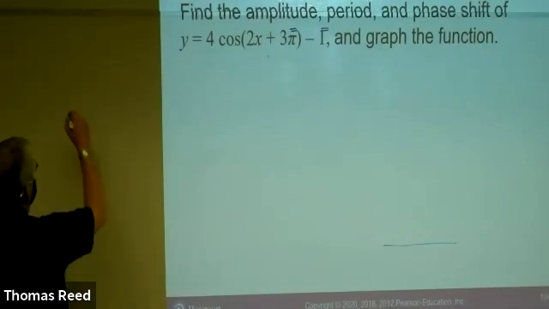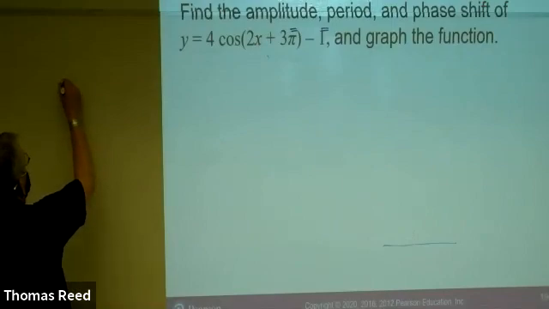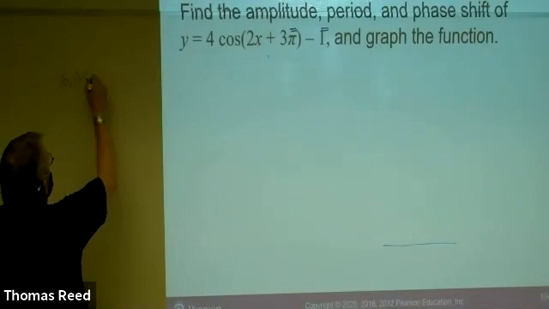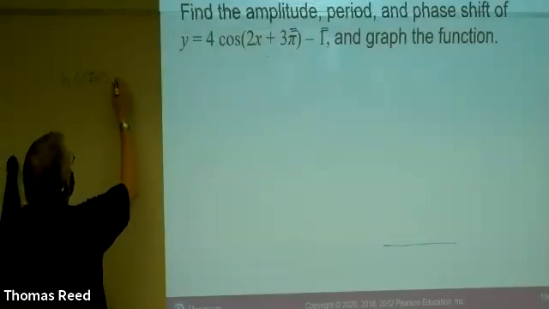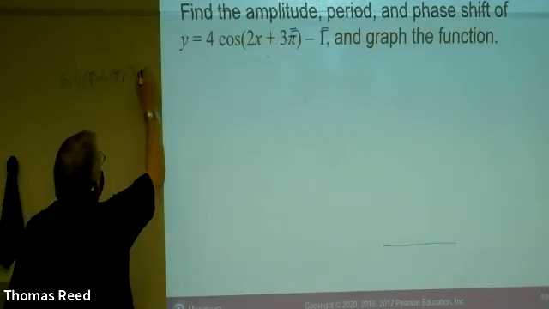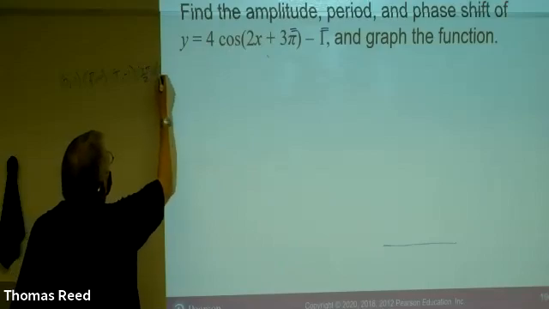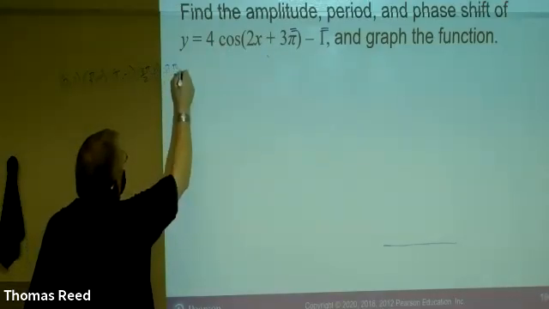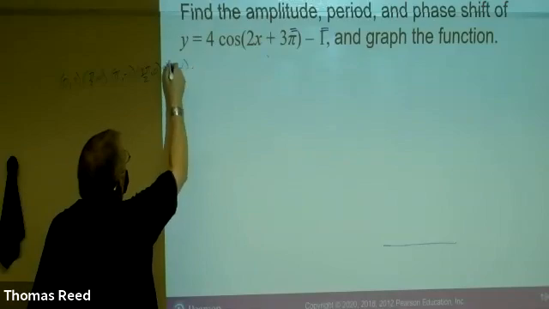So cosine, it's 0, 1, and then half pi 0, and then pi -1, and then 3/2 pi 0, and then 2 pi 1.